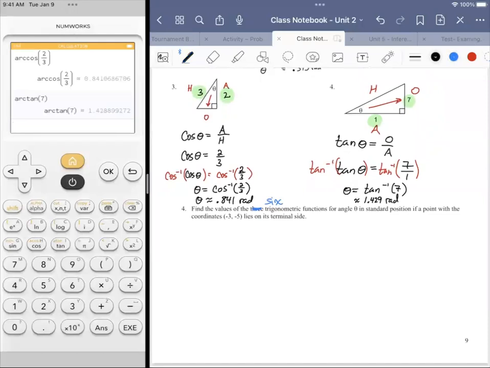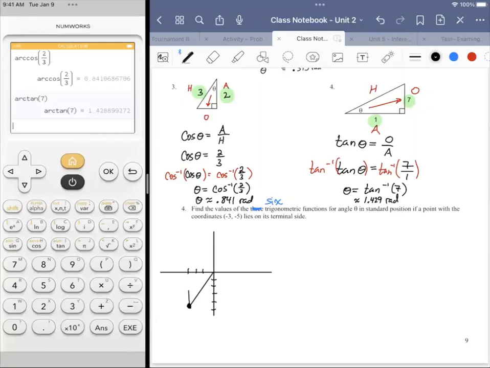All right, it's pretty wordy, but what that means is plot -3, -5, ballpark. Connect that point to the origin, create a reference triangle. The reference triangle always has to have a side on the x-axis.